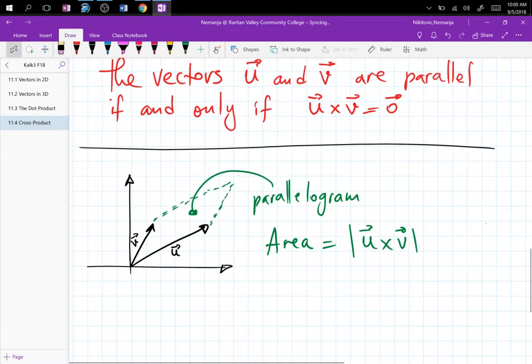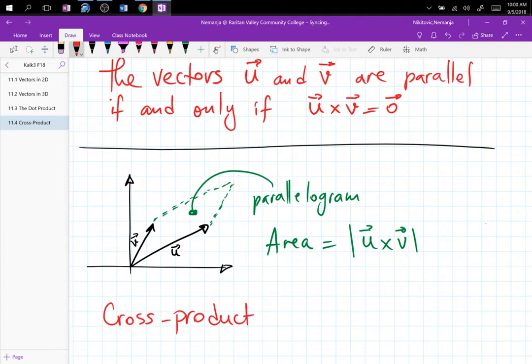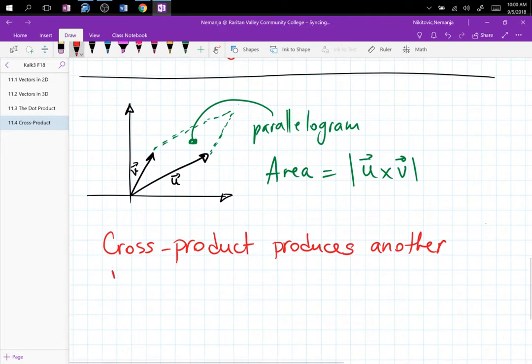So u cross v is a vector. Cross product makes vectors. Very specific vectors, we'll see that, but right now we'll just say cross product produces another vector in R3.